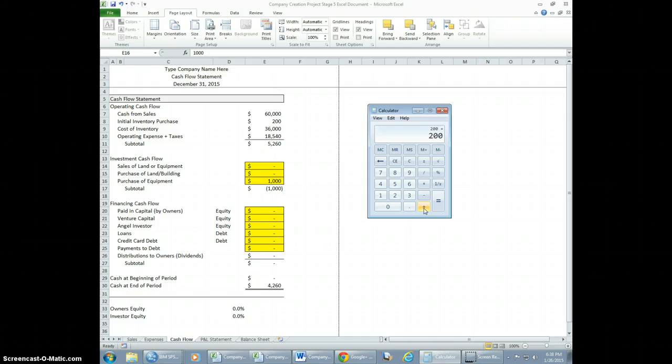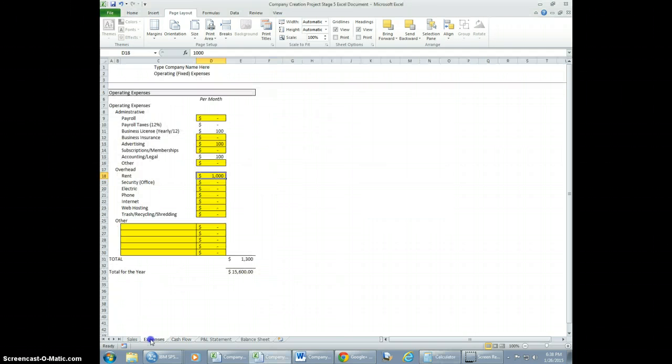We also want to have 3 months, minimum of 3 months of administrative overhead and other expenses. So let's go to our expenses category. So 3 months would be all the expenses for your administrative, your overhead, and your other expenses.